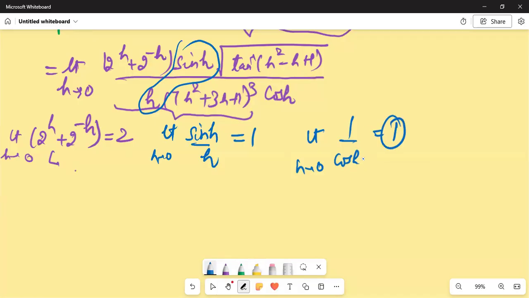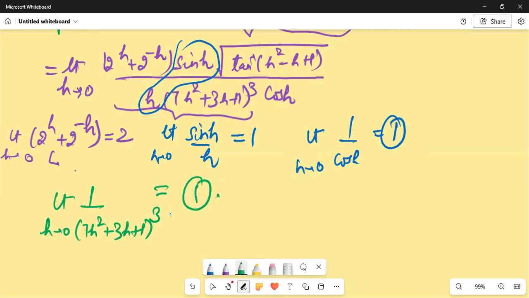And the limit as h tends to 0 of 1 upon (7h square plus 3h plus 1) whole cube is just 1. And the remaining part.